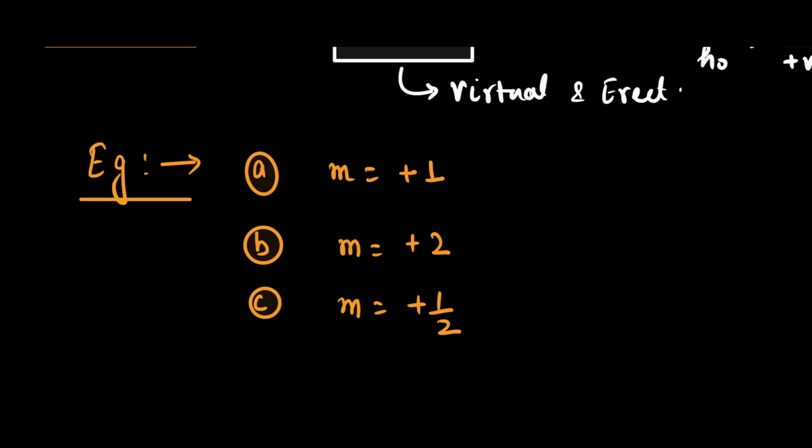You have to tell which image is used. If M is equal to +1, which image is used? M is equal to +2, which image is used? And when M is equal to +1/2, which image is used? You can pause the video and think about it.